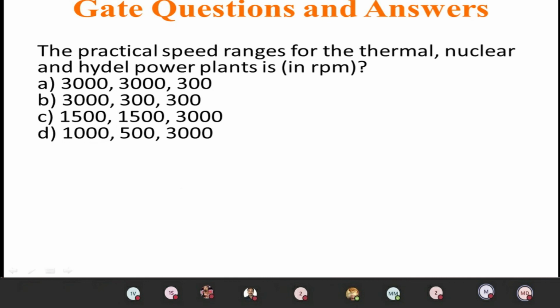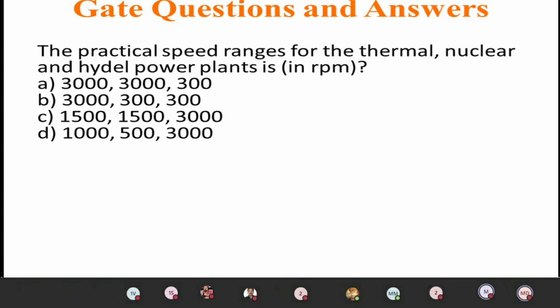What is the practical speed range of thermal, nuclear and hydel power plants in RPM? Here they did not mention the frequency, so let me take the frequency as 50. The options are 3000, 3300, 300, 1500, 3000.